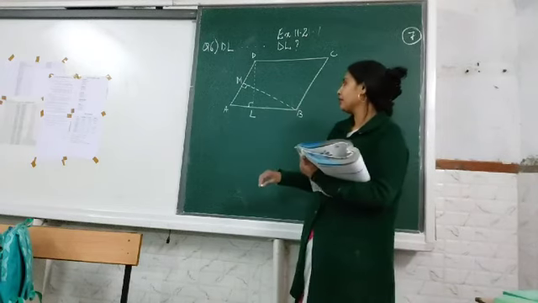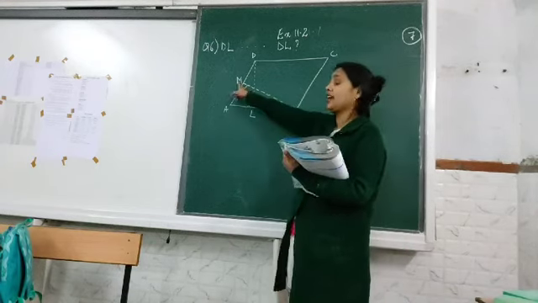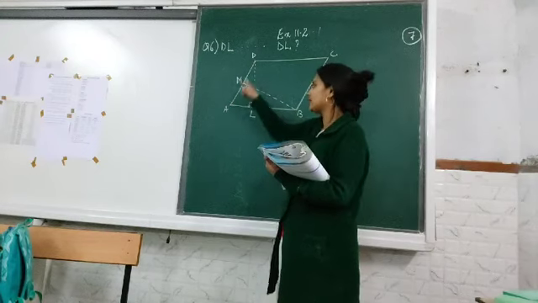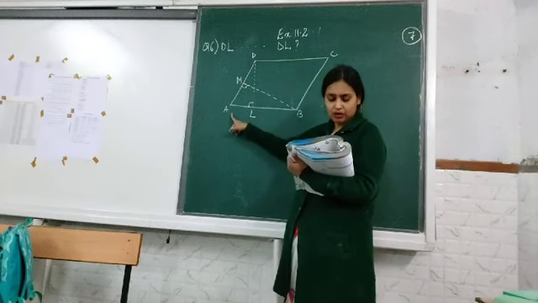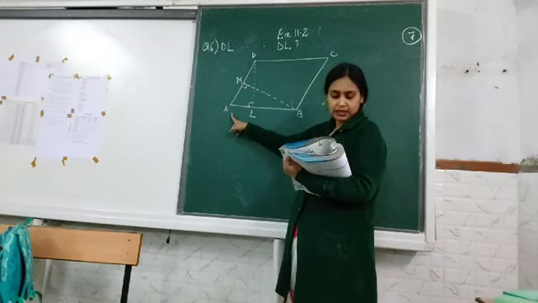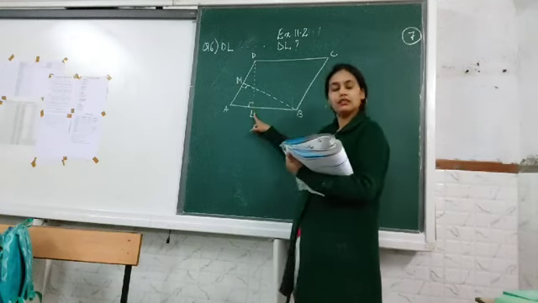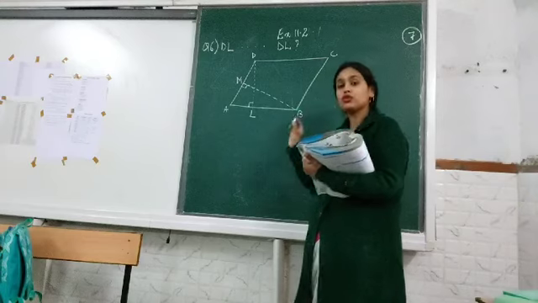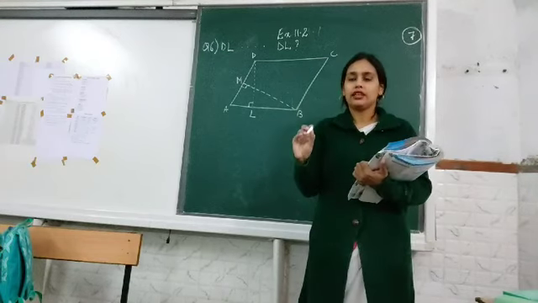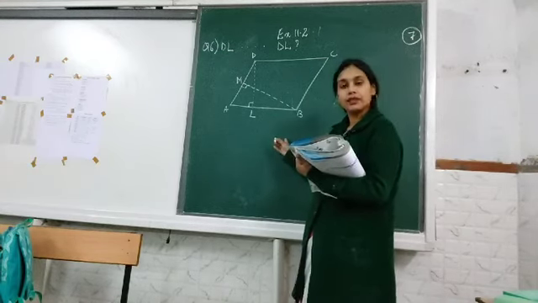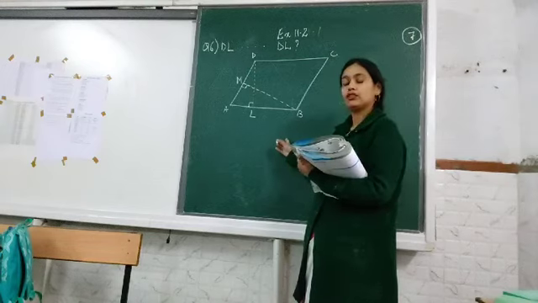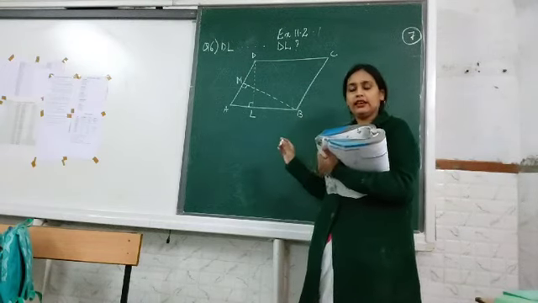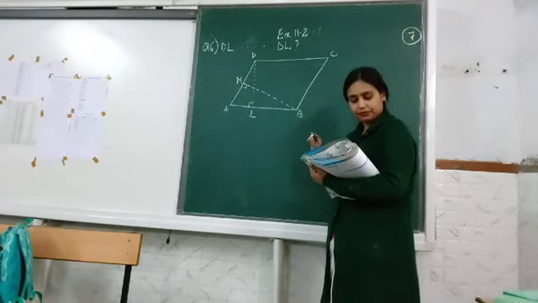Find the length of BM, that is the height when the base is AD. Okay, and also find the length of DL, the height when the base is AB. So using the formula for the area, we are going to find the heights, that is the length of BM and DL.